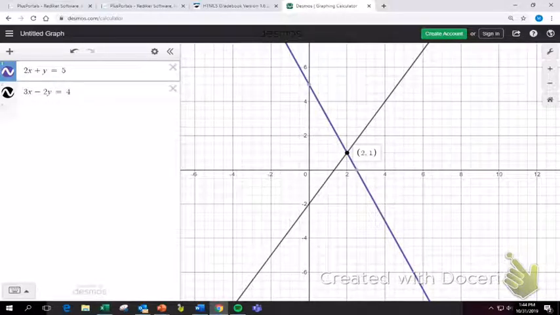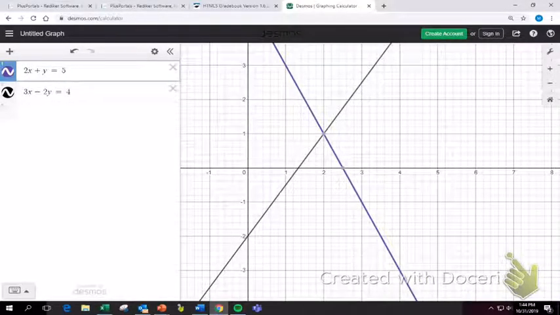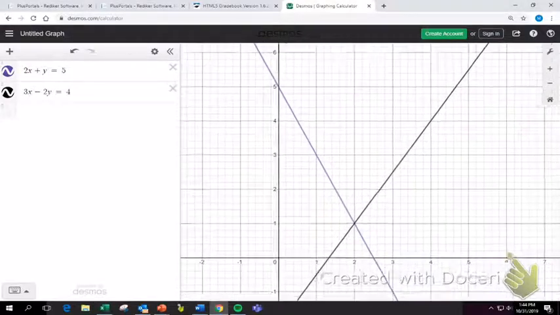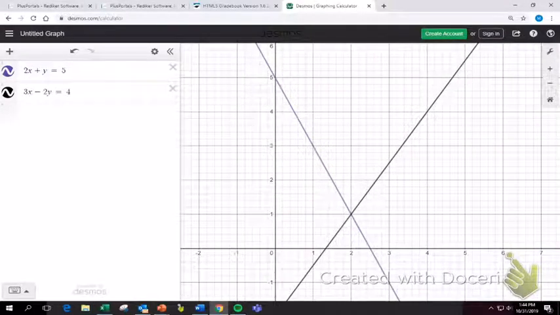Reagan, give me some more points on the purple line. 1, 0. All right, and remember, you can always zoom in to get more exact points. 0, 5, good.